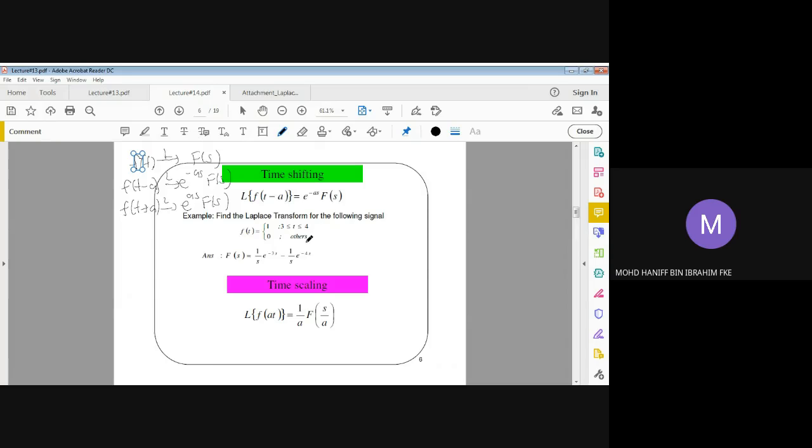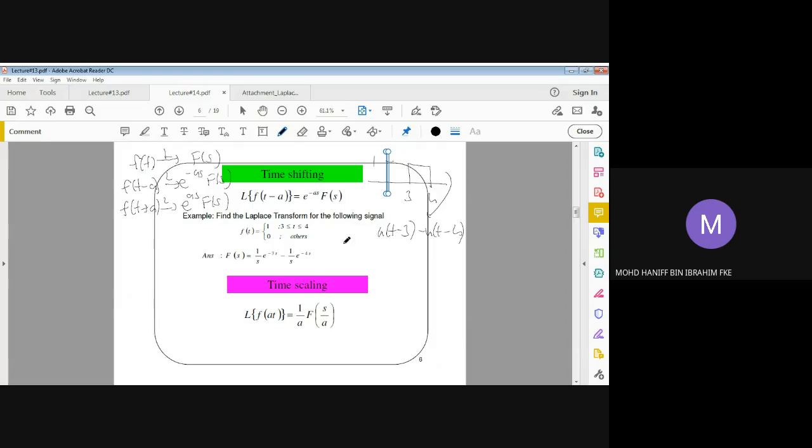Right, so let's have a look at the solution for this example number 1. We are given a signal where f(t) equals 1 from 3 to 4. We can sketch it to look like this, which is 1 from 3 to 4. We can write this in terms of u(t minus 3) minus u(t minus 4).